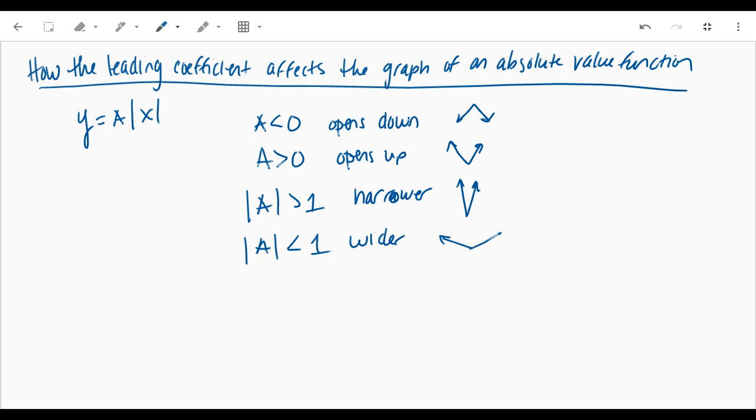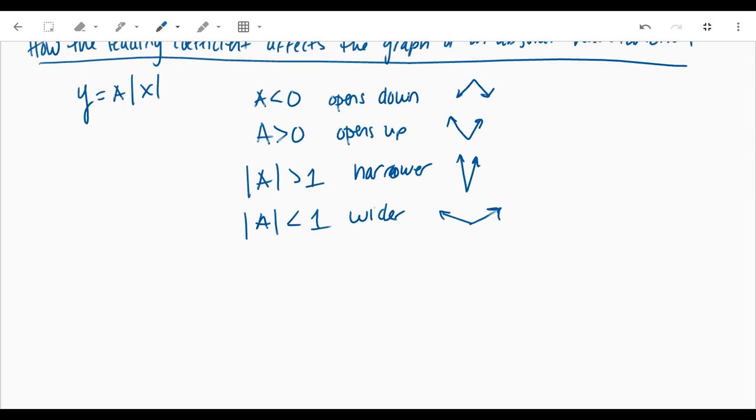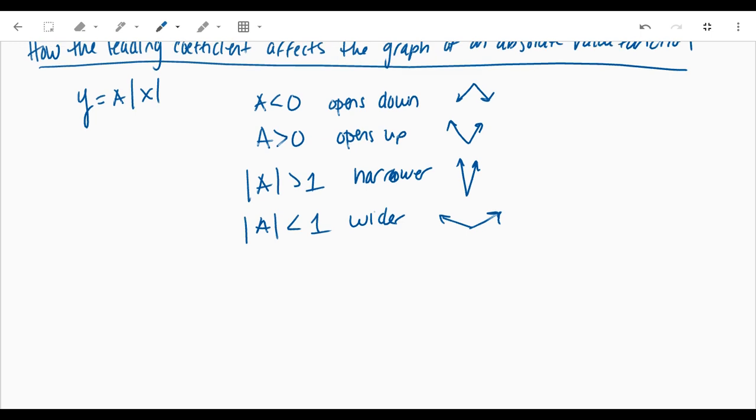Good thing I think we're on our last one because it's getting bad. They give you 3 functions and they want you to tell if it opens up or down. It wants you to choose the widest one and the narrowest one.